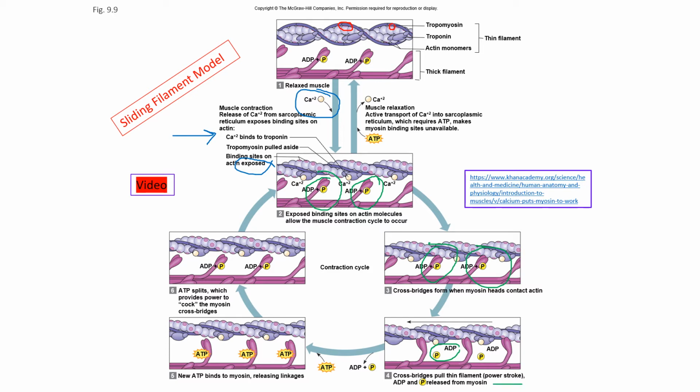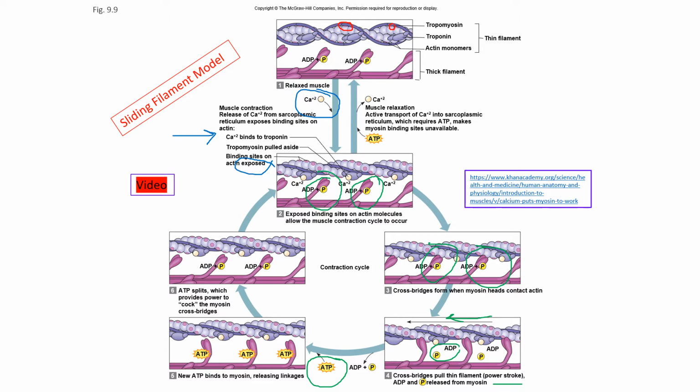Notice it's going to pull the actin, in this case, to the left, because we're looking at the right-hand side of the sarcomere. If we were on the left side of the sarcomere, that actin would get pulled to the right. So this is pulling the actin to the left. More ATP is brought aboard thanks to the abundant mitochondria.